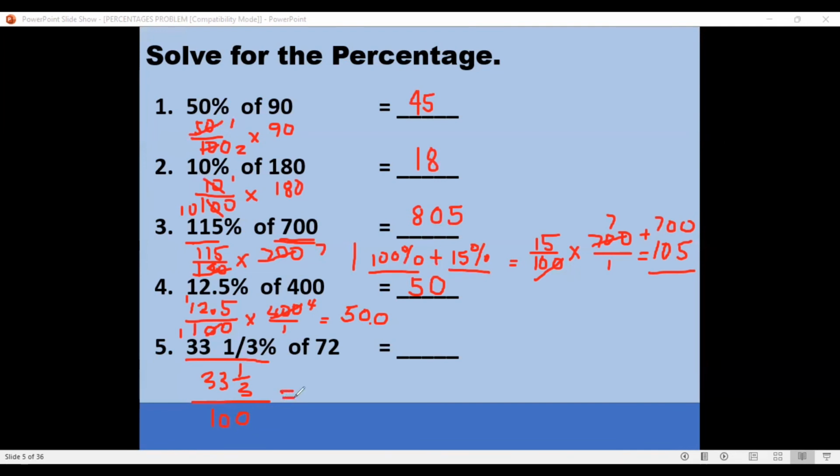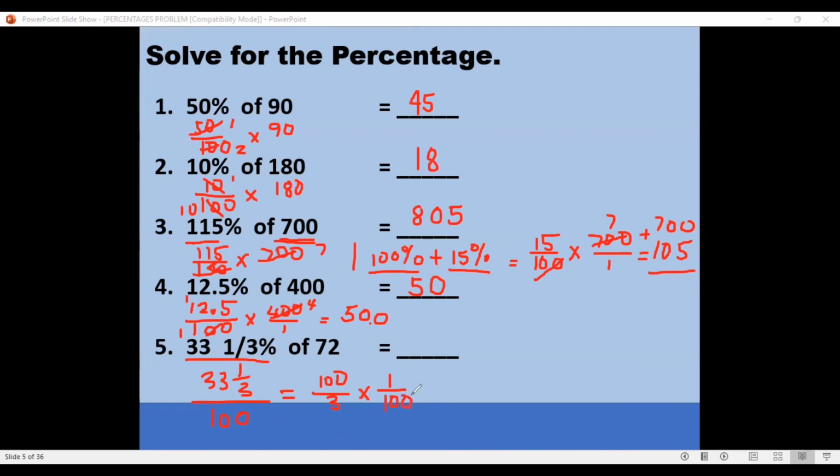But if not, you can now have the solution. So again, we have to change this into its fractional equivalent. So how do we do that? We have to change the 33 and 1/3 into its improper form, making that now 100 over 3. And we are multiplying that with the reciprocal of 100, which is 1 over 100.